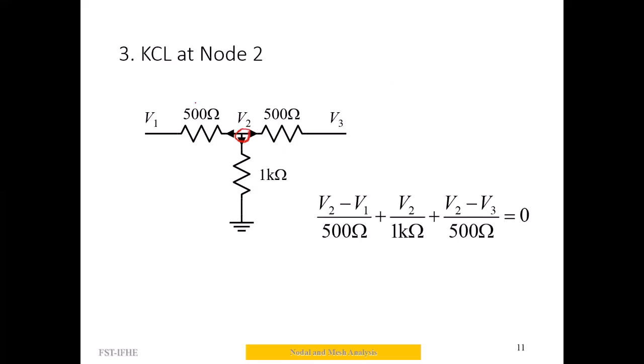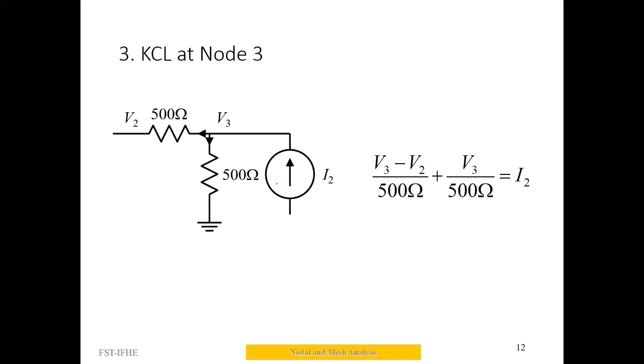Now the current, we can write with the current direction as we have indicated: V2 minus V1 by 500, and the current direction is indicated from V2 to V3. So the current is V2 minus V3 by 500, and the current through this 1 kilo ohm resistance is V2 minus 0 by 1 kilo ohm. Let us apply the KCL at node 3.